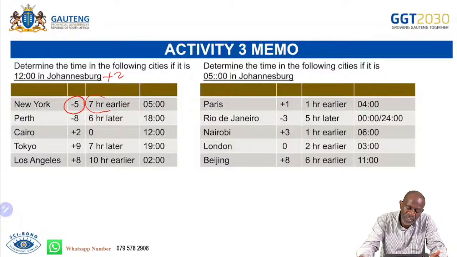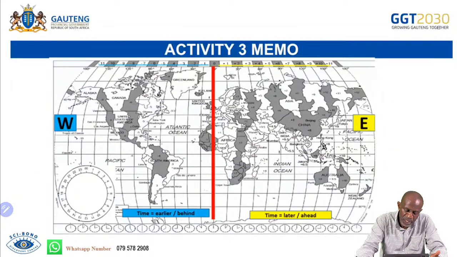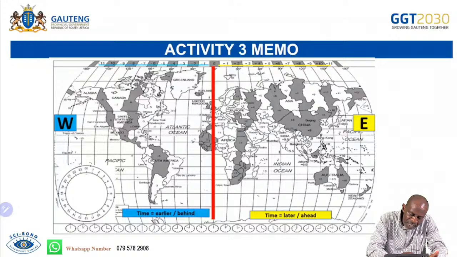Now, I want us to get back to the clock and do the counting. So South Africa, we said, is 12 hours. And then if we move from 12, remember that New York is west of Johannesburg.